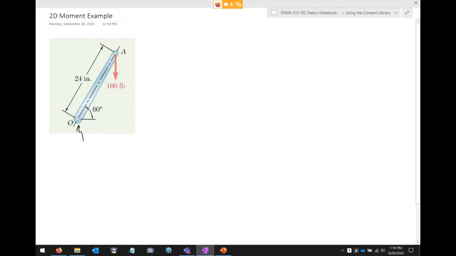Okay, so point O. Point O is the point about which moments are being taken, and we're trying to determine the moment generated by that force. Let me ask you a question, just making sure that chat's awake and y'all are paying attention. Is this moment going to be operating in a counterclockwise fashion, or in a clockwise fashion?